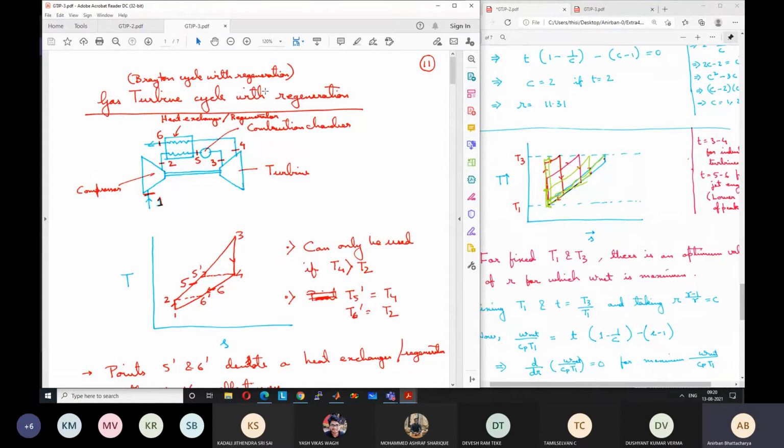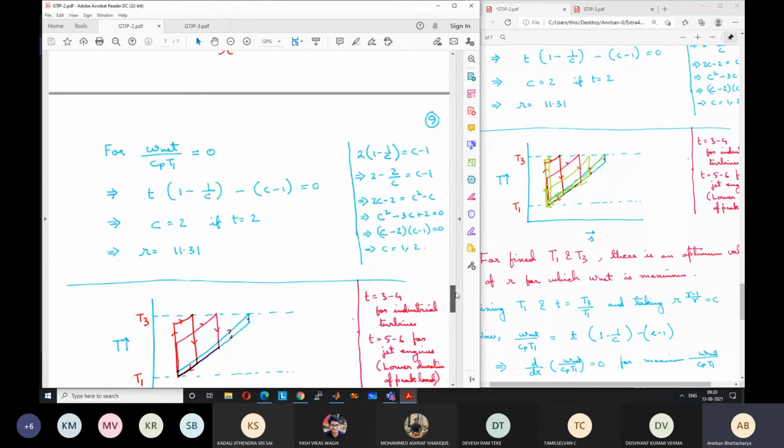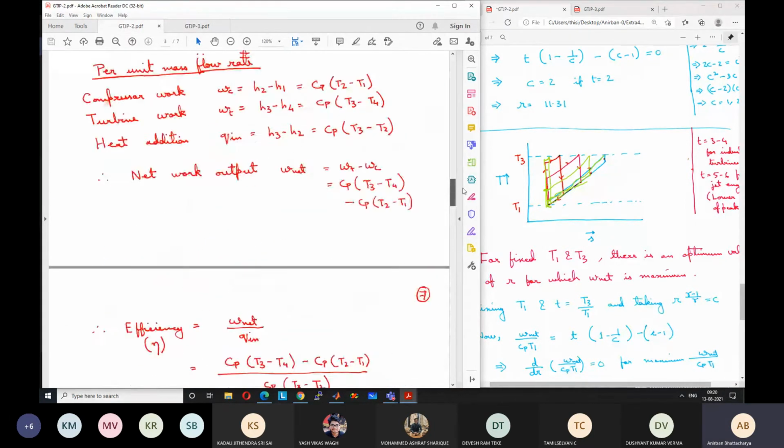The first modification that we will consider is gas turbine cycle with regeneration, or Brayton cycle with regeneration. If we see the standard Brayton cycle, the first thing we can easily notice is that the exhaust gas goes out at quite a high temperature.